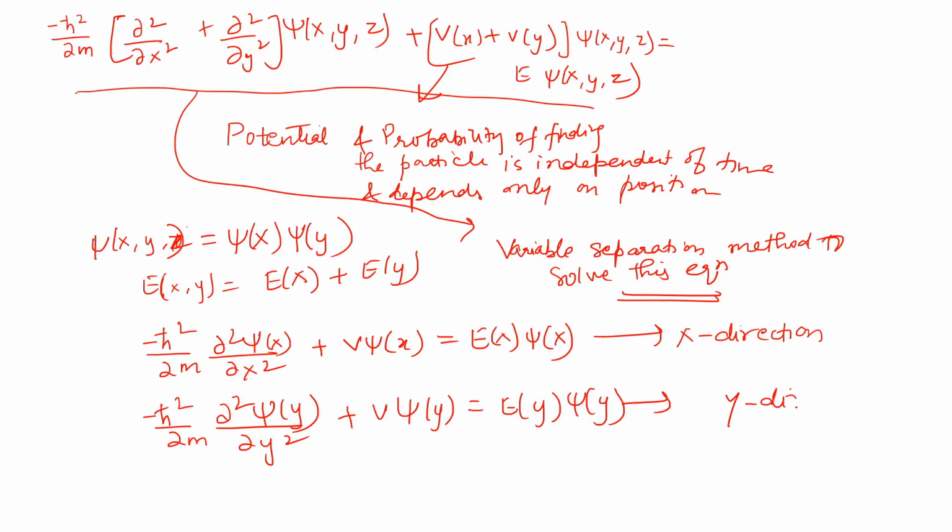And you know, this is the equation for a particle in the 1D box. We know how to solve this equation, and we know the energy levels and wave function form for this Schrodinger equation.